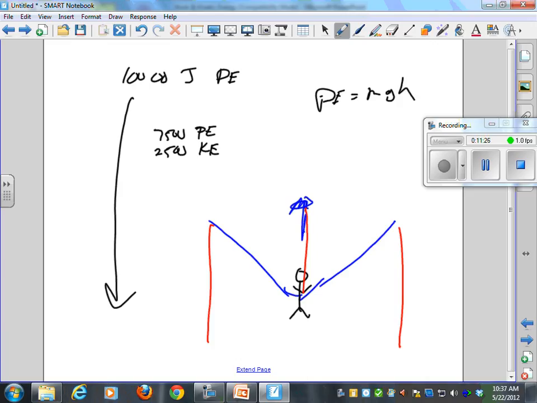I figured out the potential energy, converted it to kinetic energy at the bottom, and used 1/2 mv squared, estimated the people's mass, and determined their speed at the bottom. And I was pretty right, because when I got home, I checked it on the internet, and it said the same speed, and I'm like, yeah, that's the number I came up with.